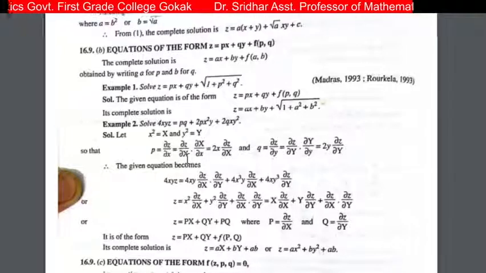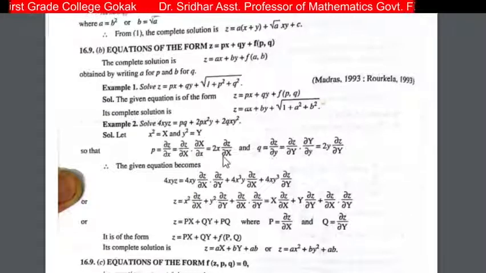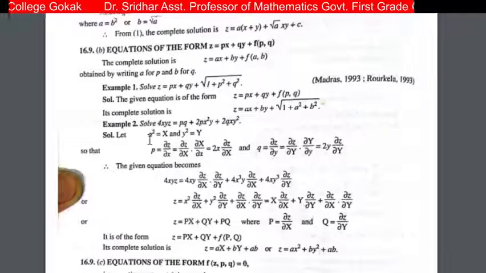Let x square equal capital X and y square equal capital Y. Then we find small p, which is dou z by dou x, equal to dou z by dou capital X into dou capital X by dou small x. Differentiating capital X equals x square with respect to x gives 2x.